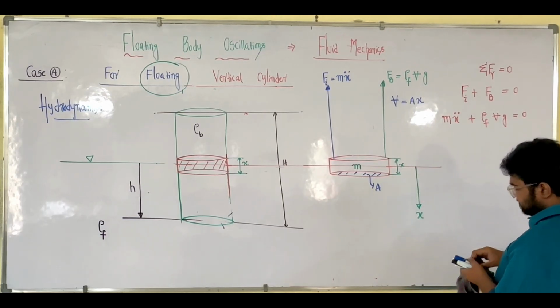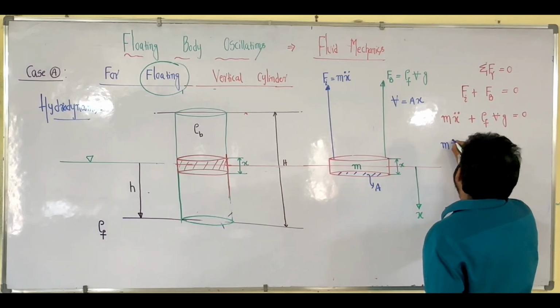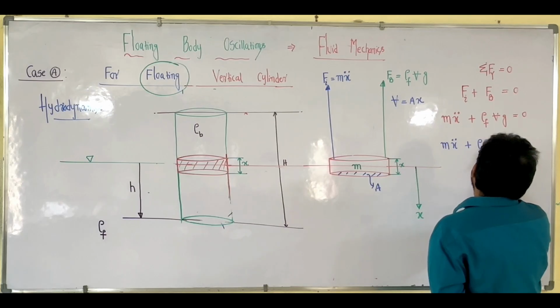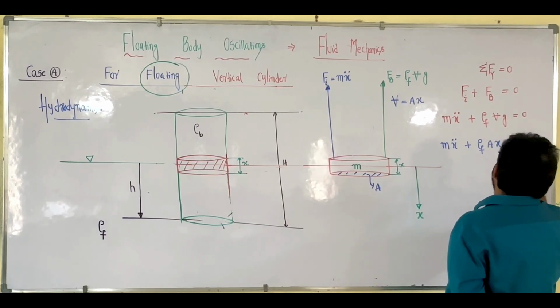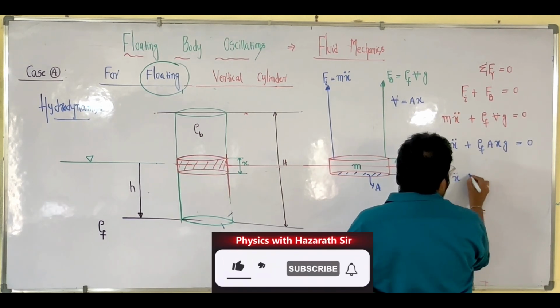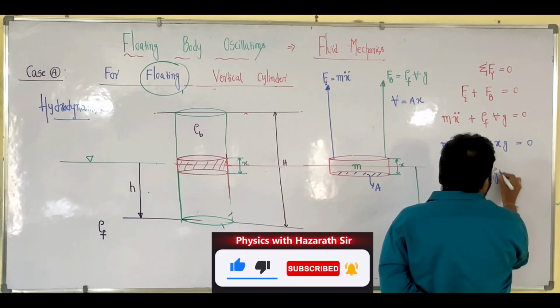That equals how much? m x double dot plus density of the fluid into A into x into g equals 0.